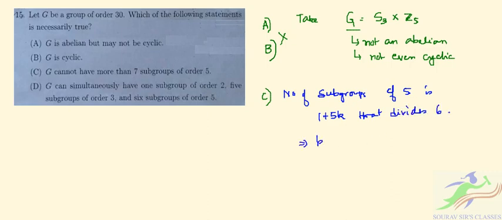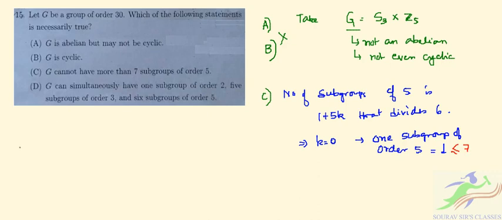Now if k equal to 0, then it has one subgroup of order 5, right? So it will be 1, and it is said that G cannot have more than 7 subgroups of order 5, which is less than 7. So this C is the true option.